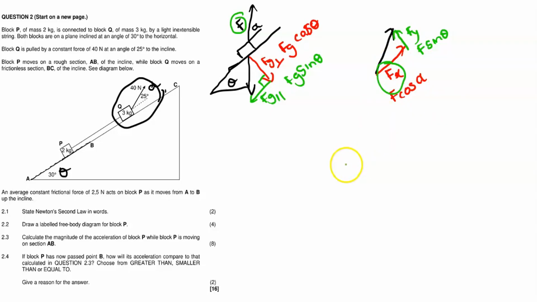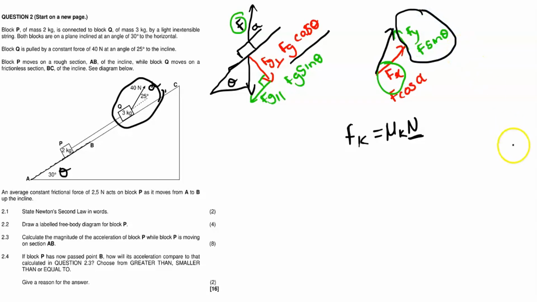And then also when we deal with things like, let's say for example, we're asked to calculate the kinetic or dynamic friction, which is the same as mu k multiplied by the normal force. One of the mistakes that students usually make is thinking that this normal force is the same as this Fg perpendicular, and they forget about this particular force there.